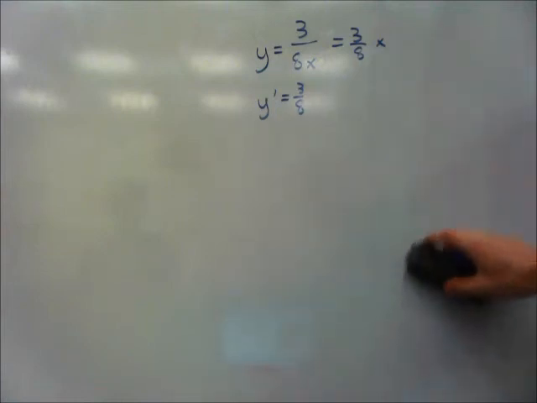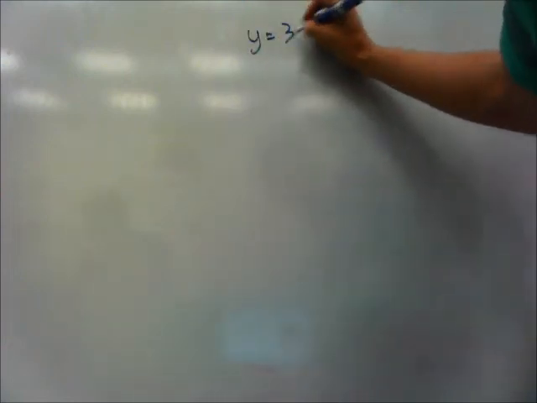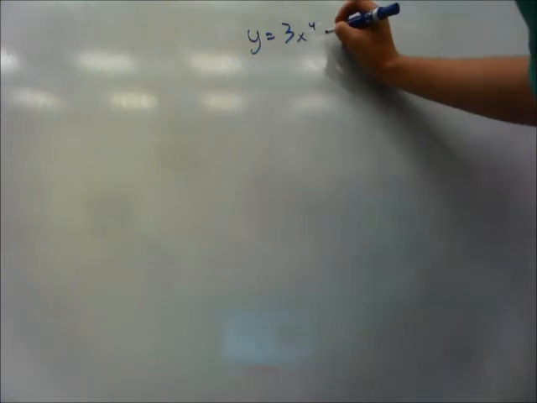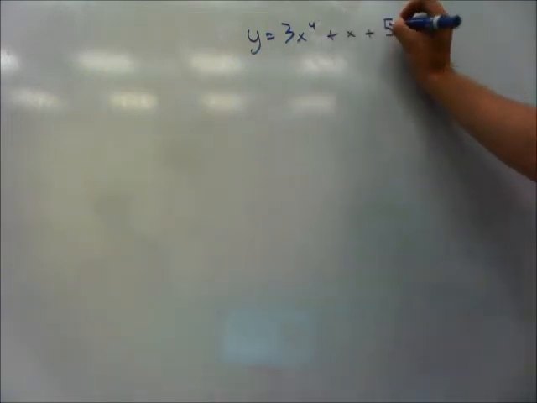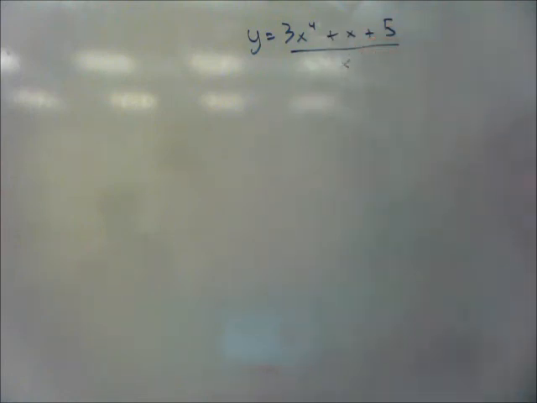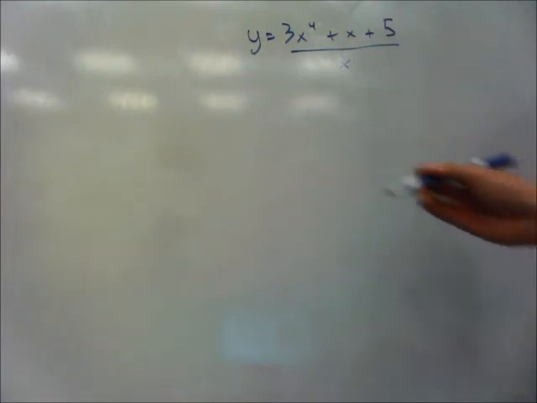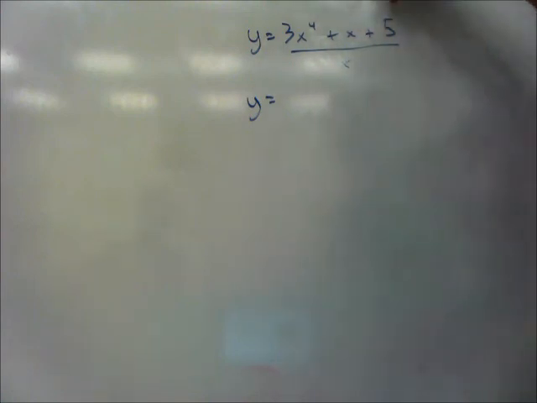Another example, when there's an easier way to do it. Let's say you have y equals, I'm reading this off, 3x to the 4th plus x plus 5 divided by x. Now, you could use the quotient rule and you would still get the right answer, but the easier way to do it would simply be to divide every top term by x.